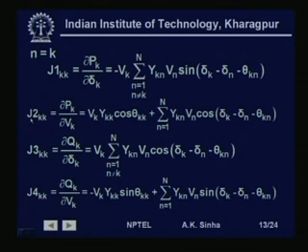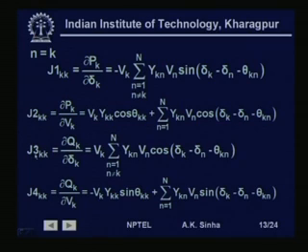Similarly, the diagonal term for J2 submatrix will be del p k by del V k, that is given by V k Y k k cos theta k k plus summation n equal to 1 to N Y k n V n cos(delta k minus delta n minus theta k n).